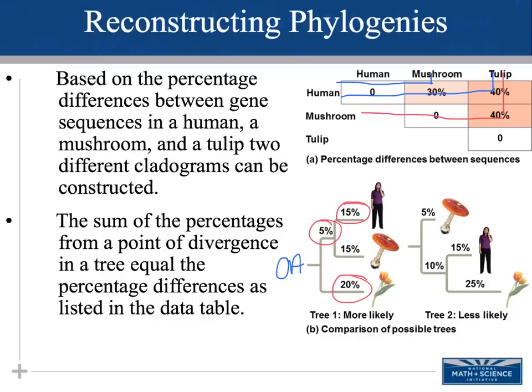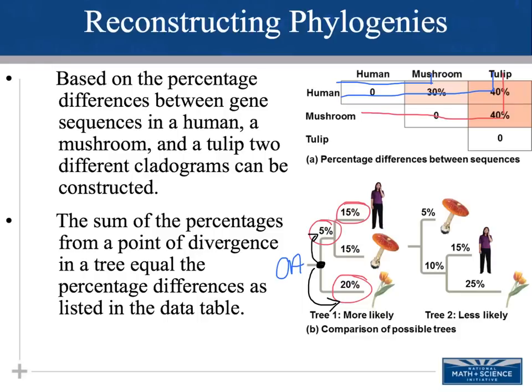Well, look at where the branching took place. Here was our common ancestor. We have our first branching point right here. And then we go this way to form our human, and we go that way to form our tulip. So this 5% that the human has, the tulip doesn't have, that would be a 5% base sequence difference between these two. So hopefully that makes sense.